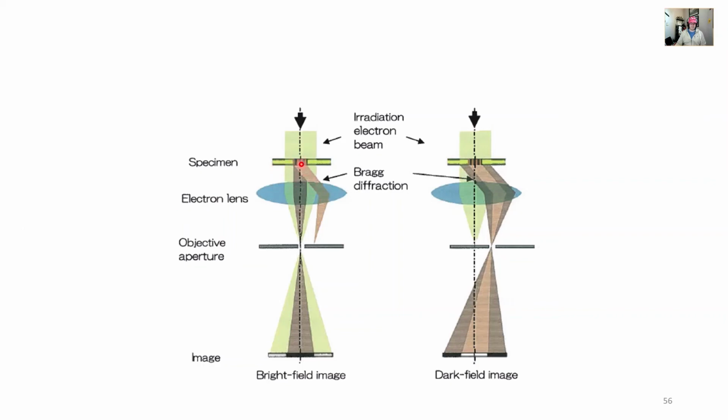This is showing that your diffracted beam is going somewhere else, and you move your aperture basically. This is almost a little incorrect because you have to put in a selected area aperture to see the diffraction pattern. I'm bothered that I can't find a good schematic to show you how this actually works. But this is, in my brain, a little more correct.